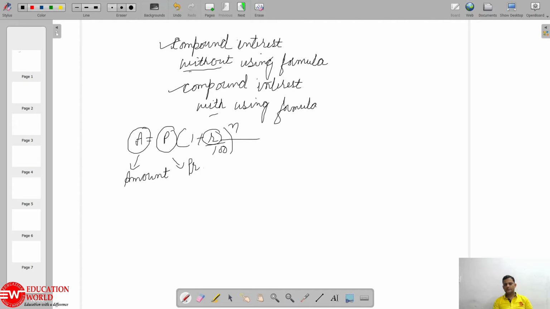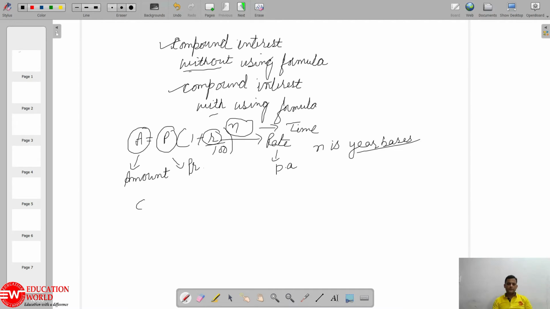R is the rate and n is the time. This formula is applicable when n is on a yearly basis, or we can say that R is per annum.